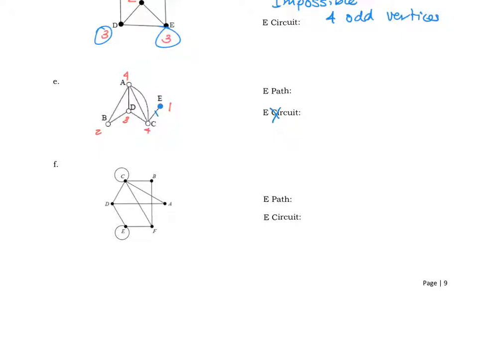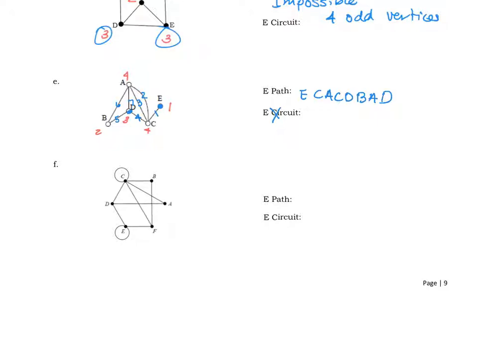And then C to A, and then A to C, and then from C to D, and then I went from D to B, and from there to A, and then to D. So let me go ahead and write that path out. So again, please notice that I started and I ended at the two odd vertices.